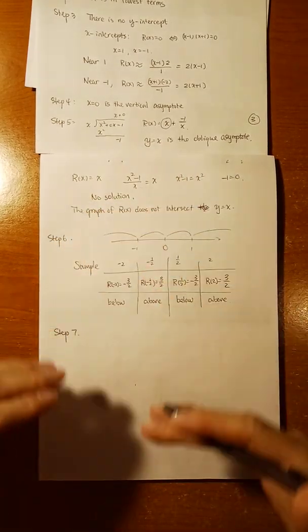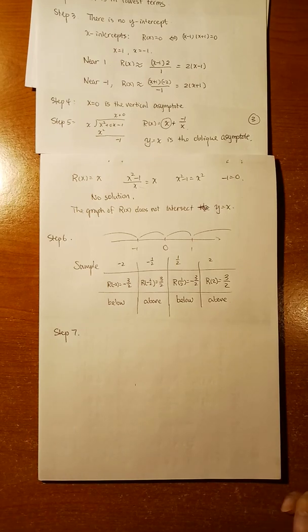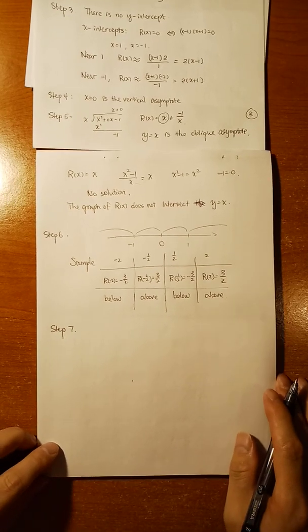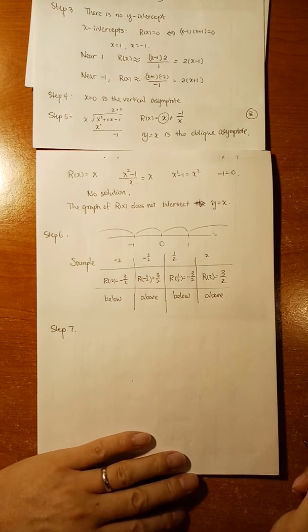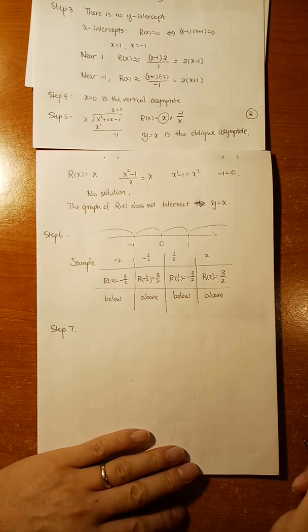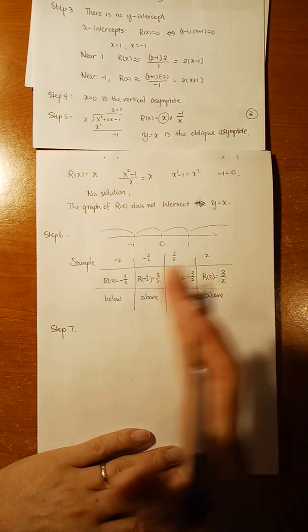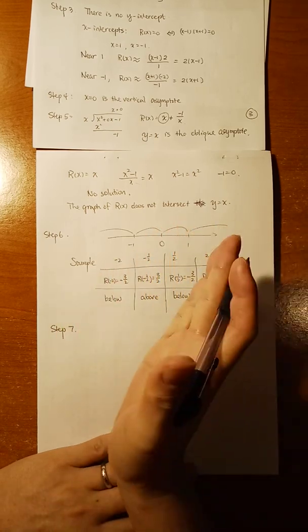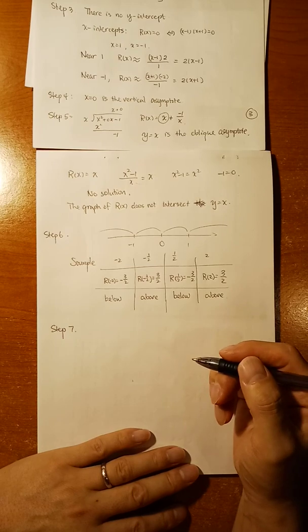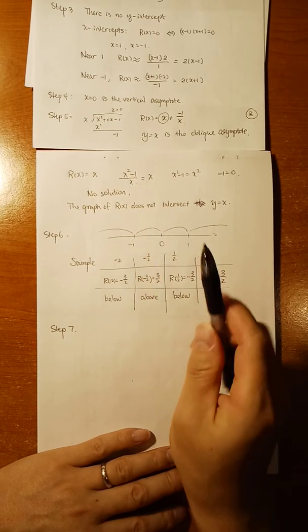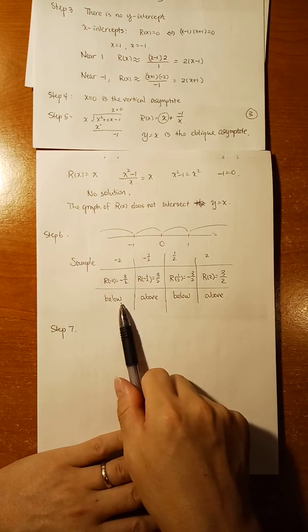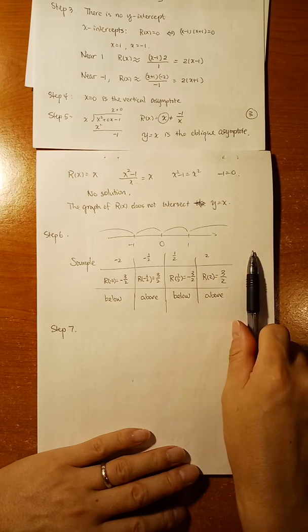In step 6, we are trying to determine roughly the relative position between the graph and the x-axis. And next to it, we are going to study the behavior on either the oblique asymptote or the vertical asymptote.